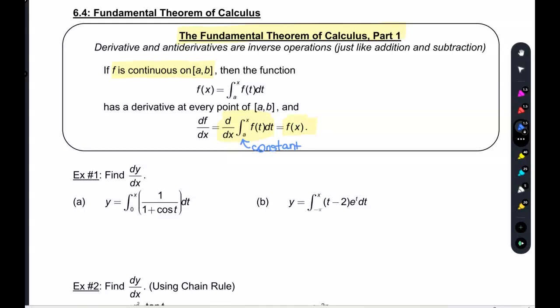Let's take an example. Let's start with the integral from 3 to t of t squared dt.